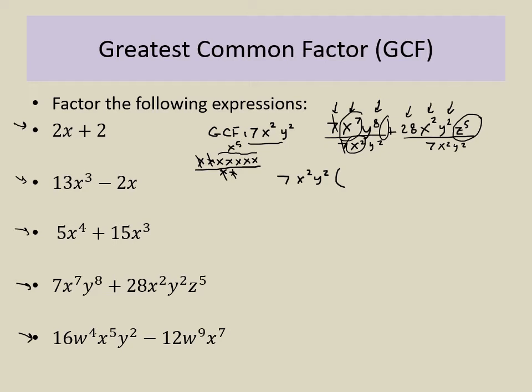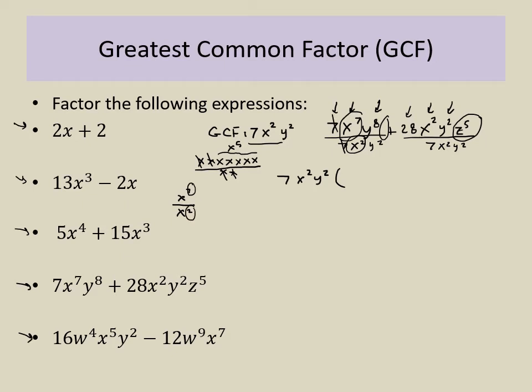Now let me remind you of something that we have learned in previous classes, and that has to do with dividing exponents, called the quotient rule. The quotient rule says if I have x to the power of 7 over x squared, when I divide, I subtract the exponents.